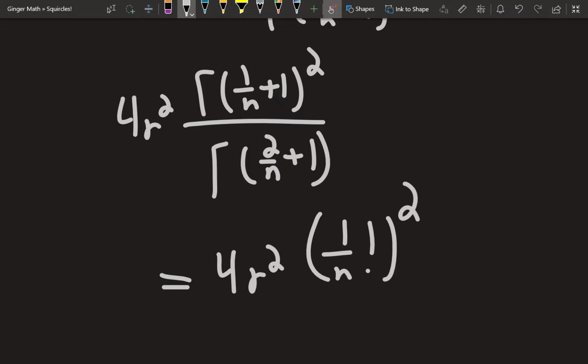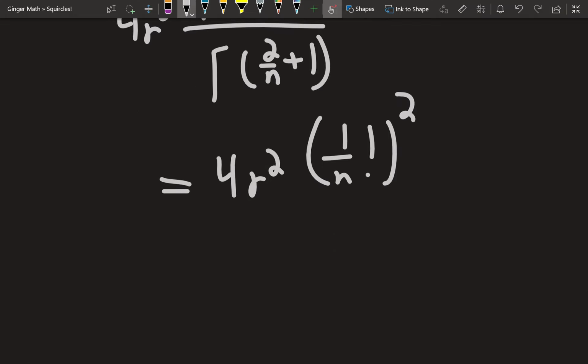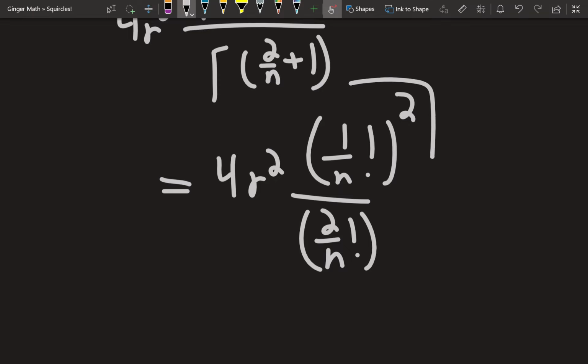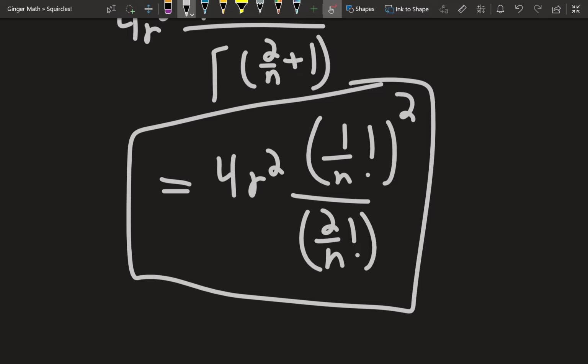The order here does matter, most definitely. And over 2 over n factorial. I'll just put that in parentheses anyway. So yes, this is going to be our area for a squircle.